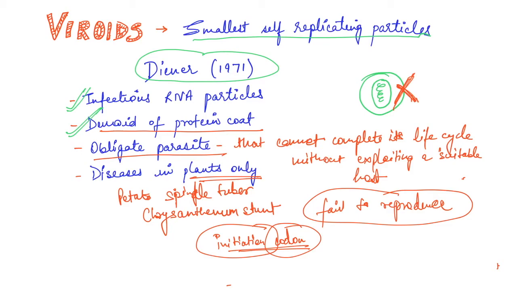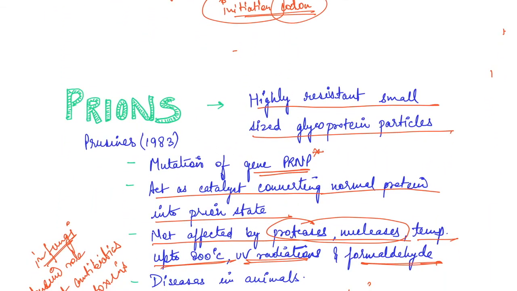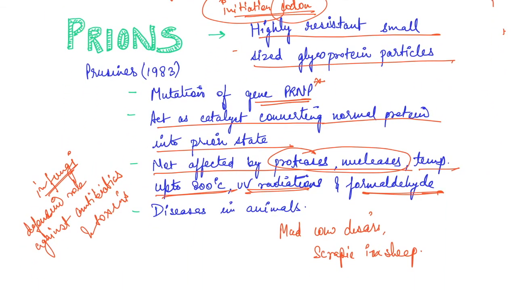And lastly we discussed prions. Prions are highly resistant, small sized glycoprotein particles.